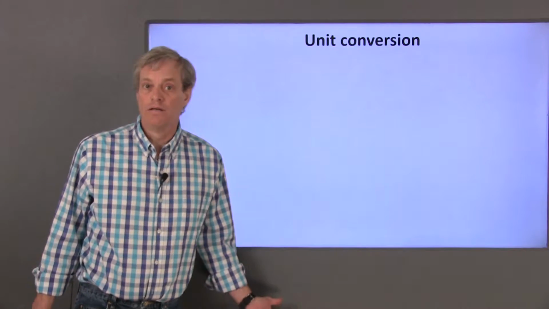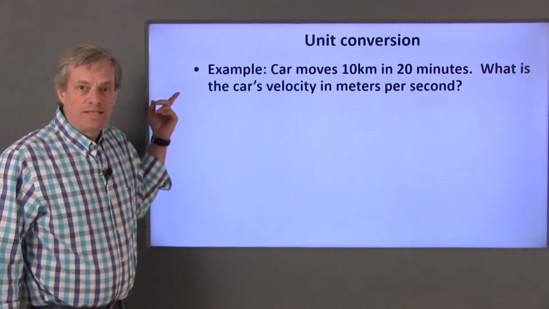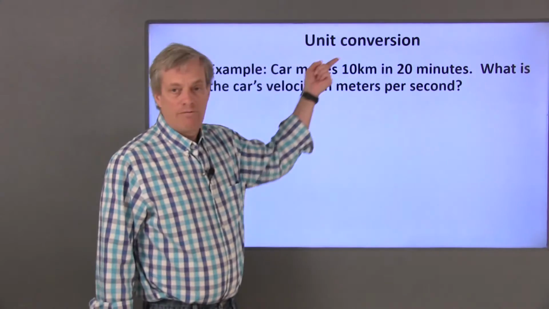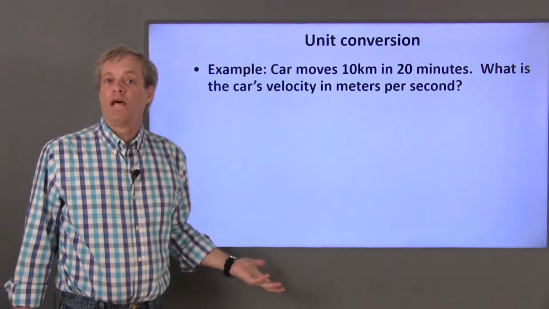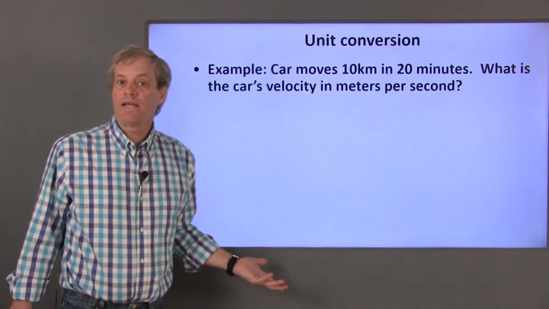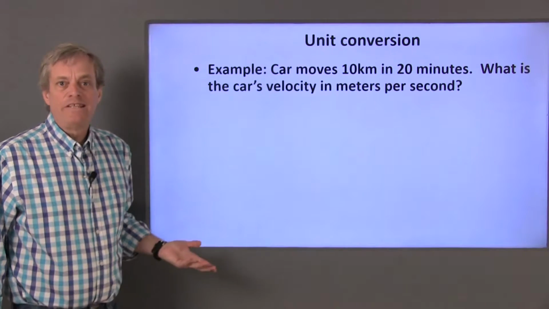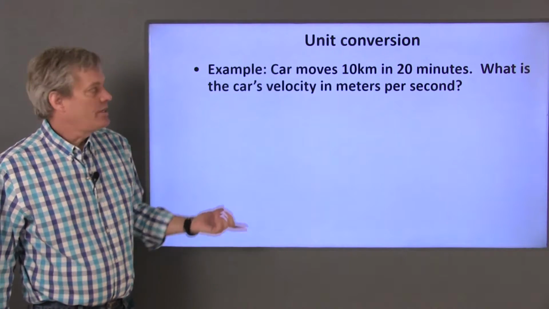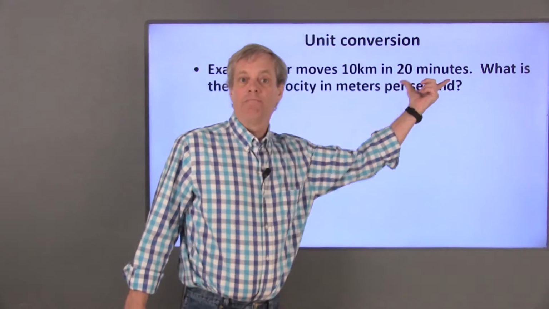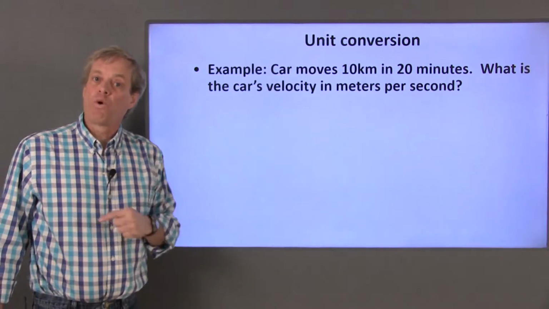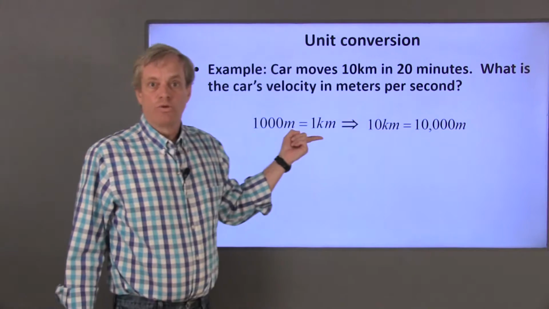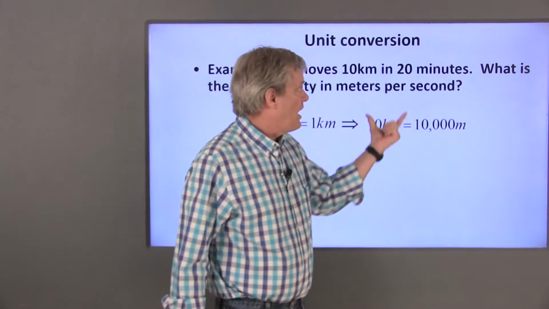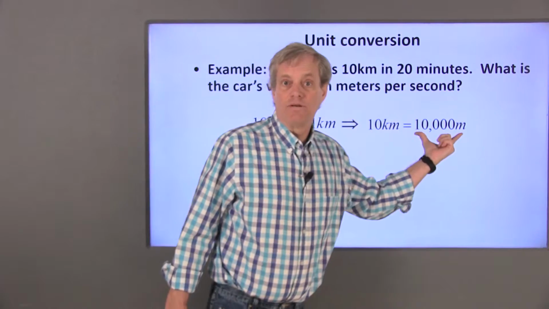So let's take a look at this example in which we know that a car travels 10 kilometers in 20 minutes. We want to find the car's velocity in units of meters per second. Probably the easiest approach is to individually convert the distance and the time to the desired units before calculating the velocity. 1,000 meters is equal to 1 kilometer, so 10 kilometers is equal to 10,000 meters.